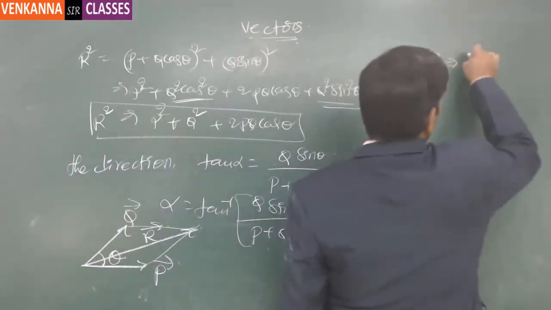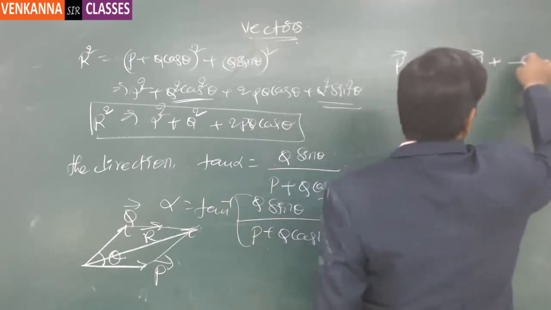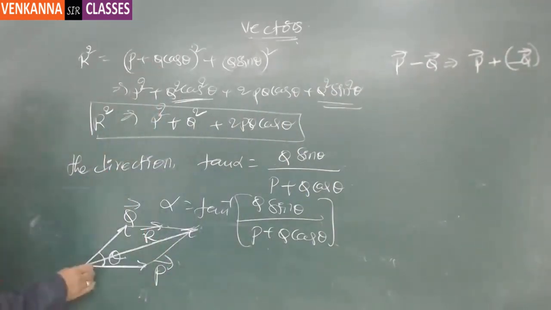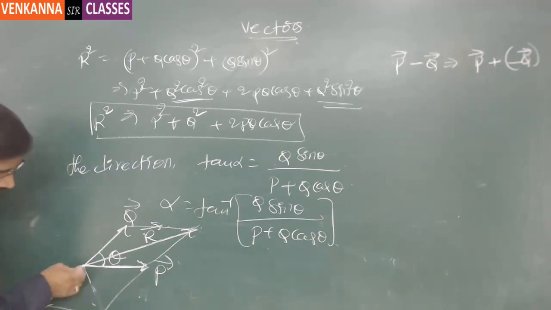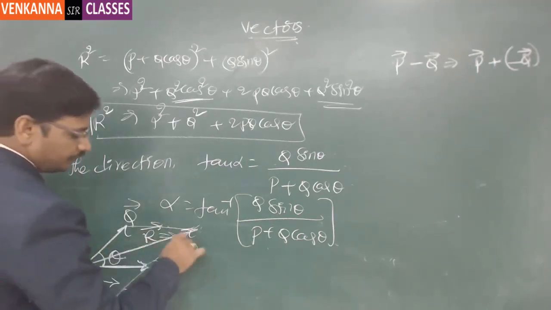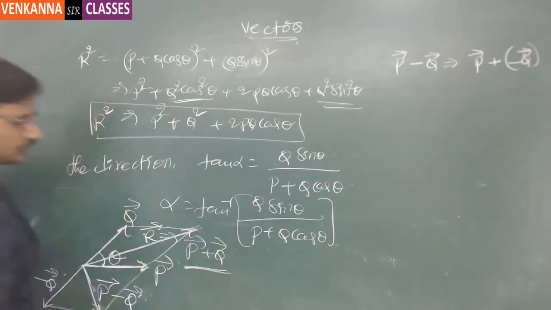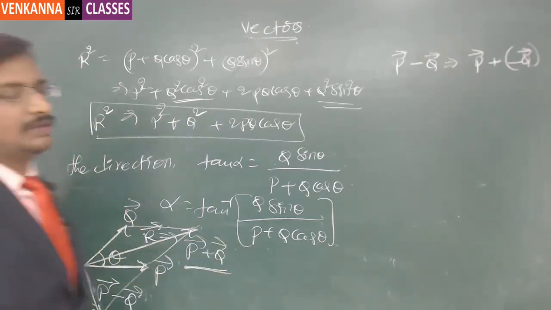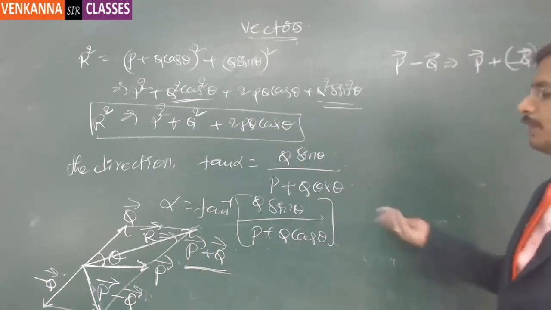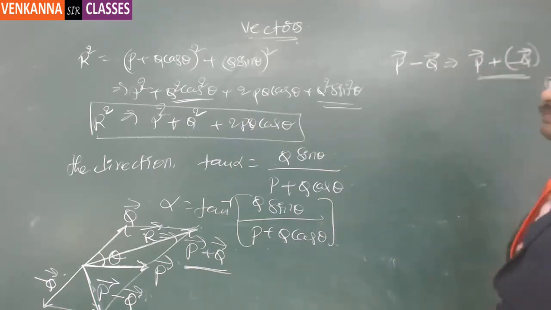That is P plus, so you are again adding the vectors with the help of the parallelogram law, but for the vector minus Q rather than Q. This is P, you keep as it is, and this Q in the upward direction, you treat as the negative direction, minus Q. Then again apply the parallelogram law and add these two vectors together. This will be P minus Q and this is P plus Q. So here we say that subtraction is redundant because we already learned P plus Q. P minus Q is no need to learn because you can straight away use P plus of minus Q.